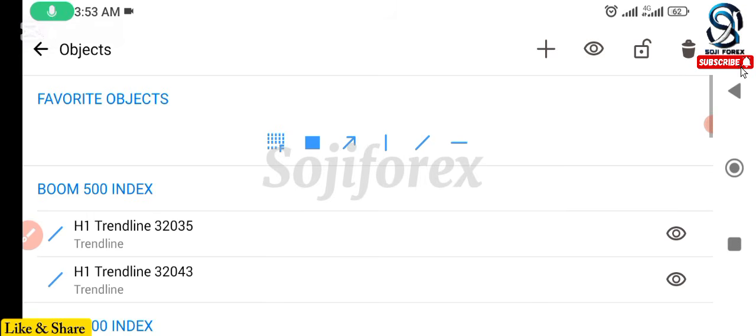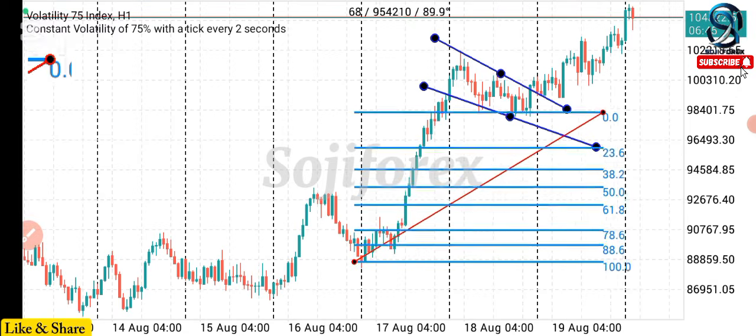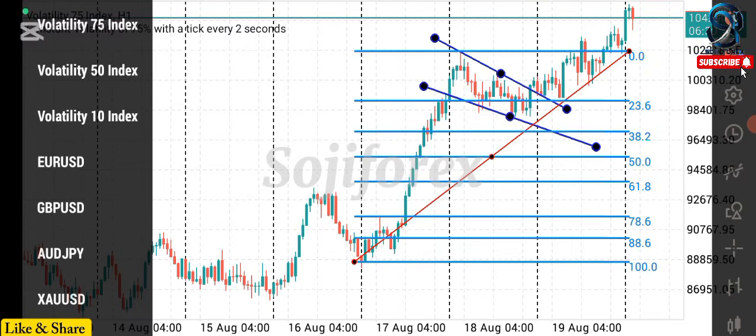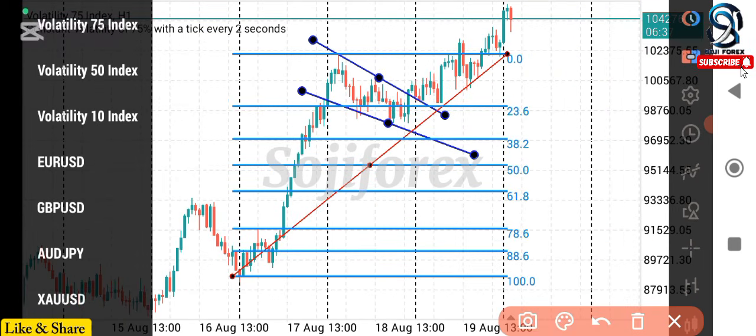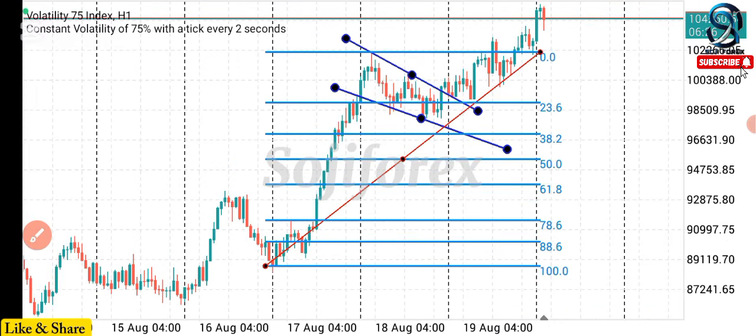And remember, we said it must not be up to 50 or beyond 50% of the Fibonacci. So you can see that the pullback will always range between 0 and 38% of your Fibonacci. So you see that this pullback comes to this point and then it continues back to the upside.